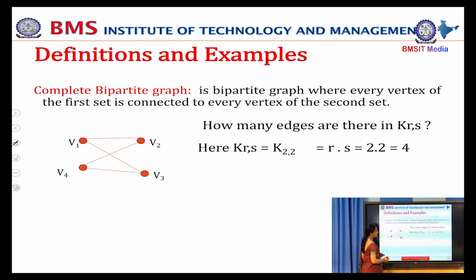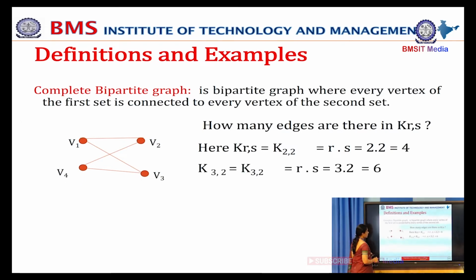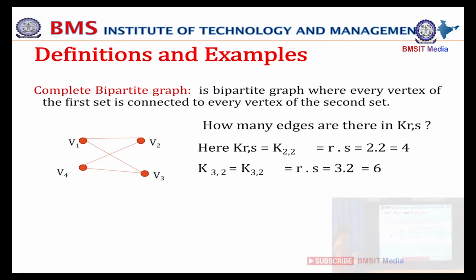Here K_{R,S} is equal to K_{2,2}, and in this case the number of edges will be 2 into 2, which is equal to 4. For example, if I consider K_{3,2}, it is equal to 3 into 2, which is equal to 6.